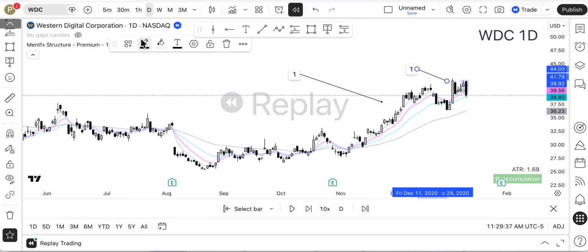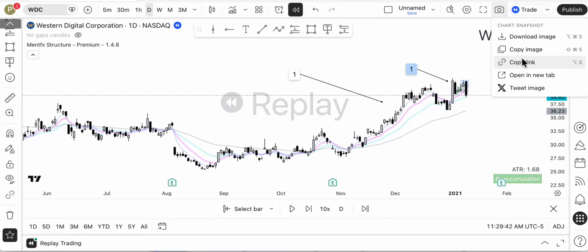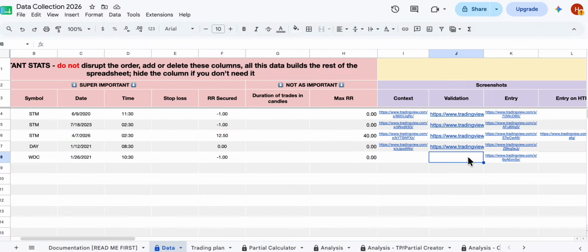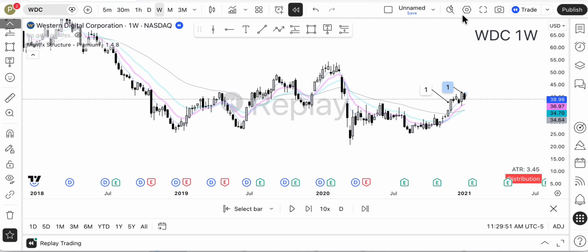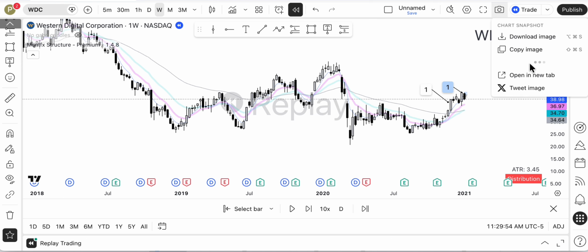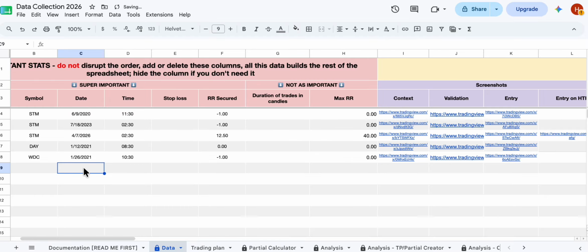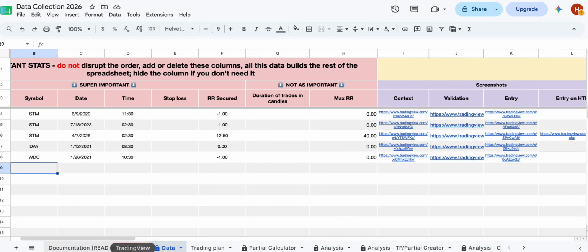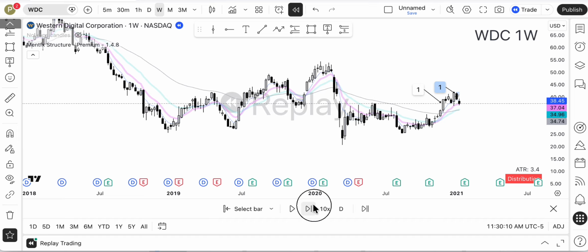That would have been MMB1 on the validation. And MMB1 on the context. Beautiful trade, in my opinion. Oops. All right, let's move on.